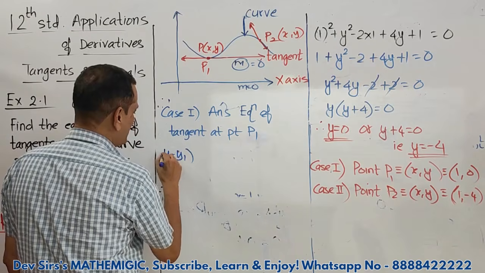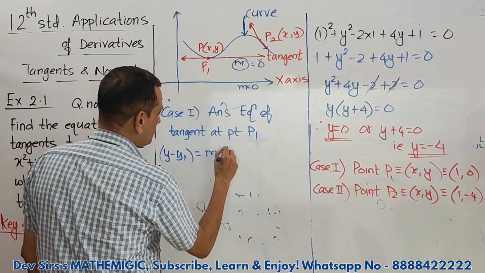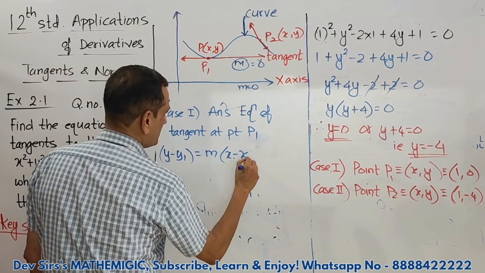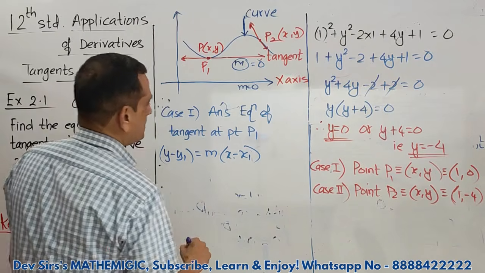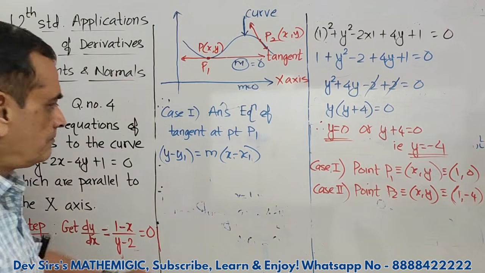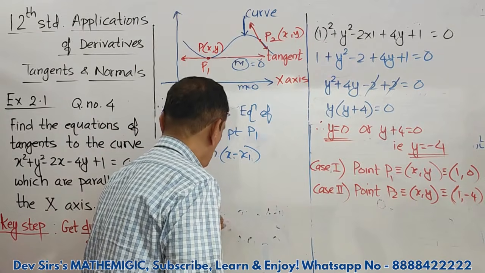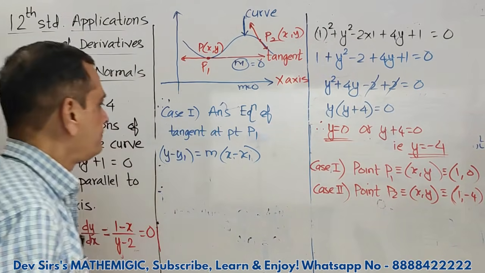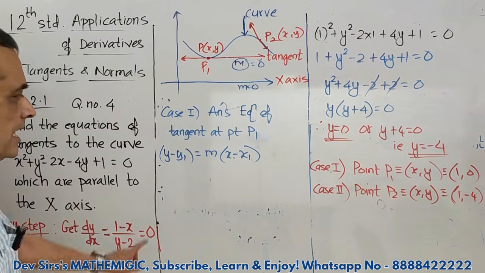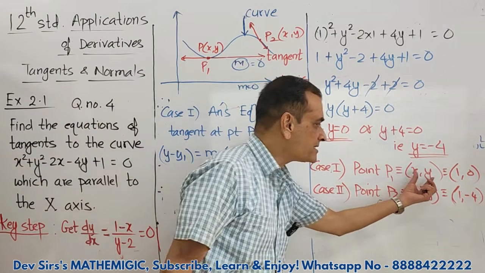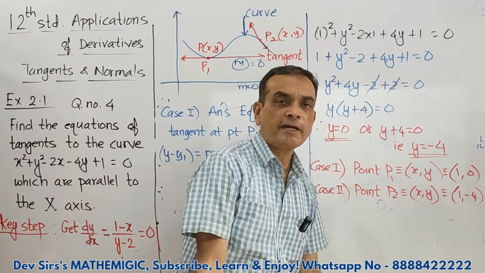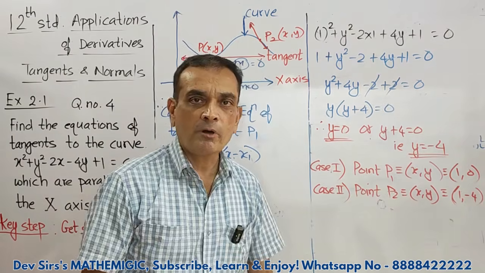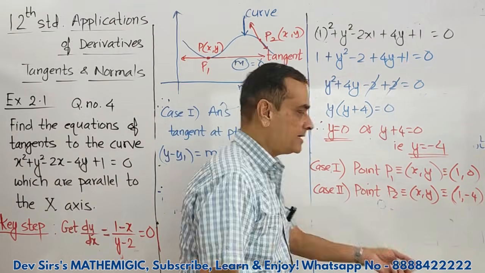Y minus y1 is equal to m into brackets x minus x1. That is the equation of tangent. अभी x1 y1 means point of contact while using slope point form, it is taken as x1 y1.